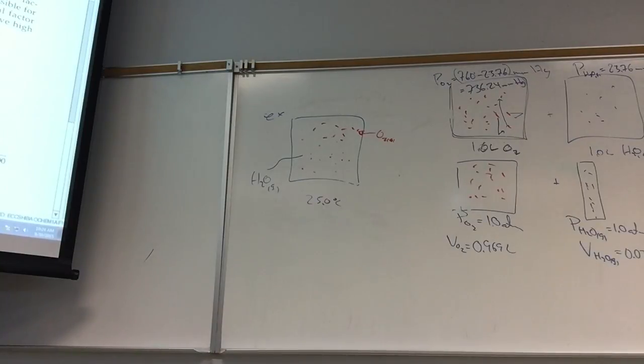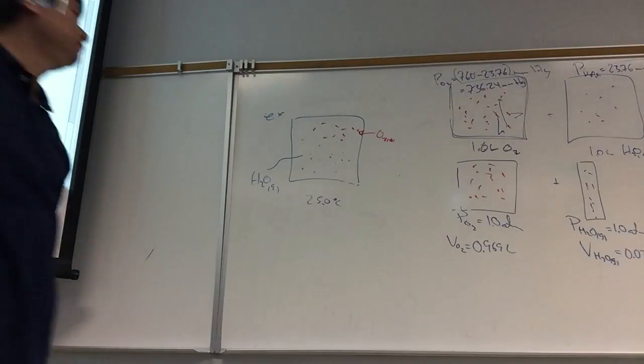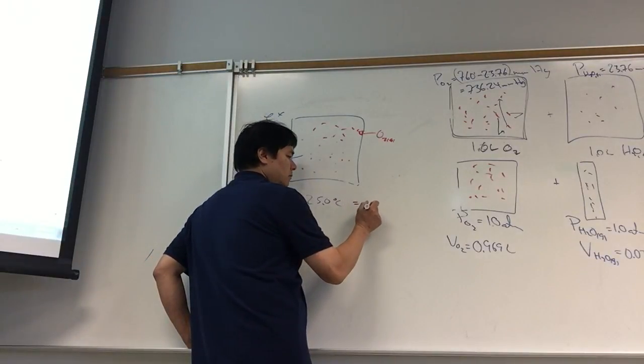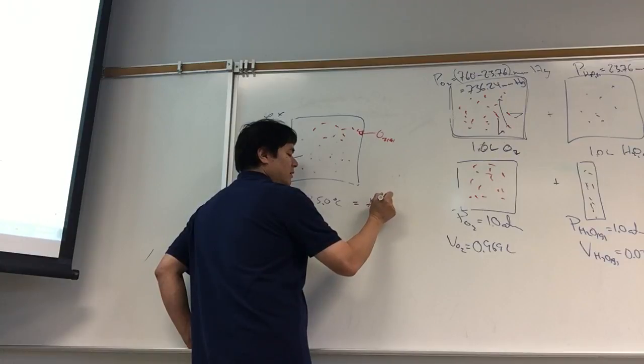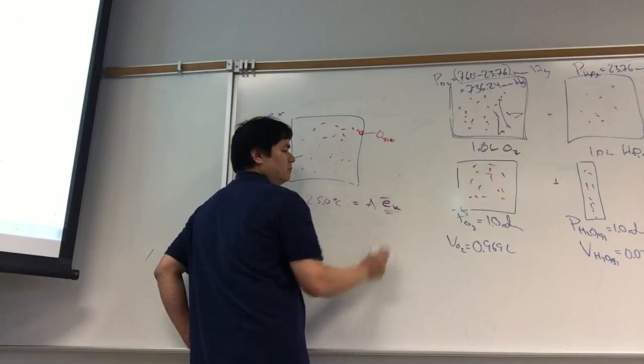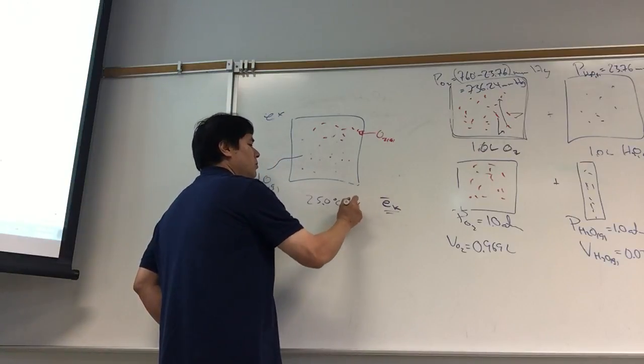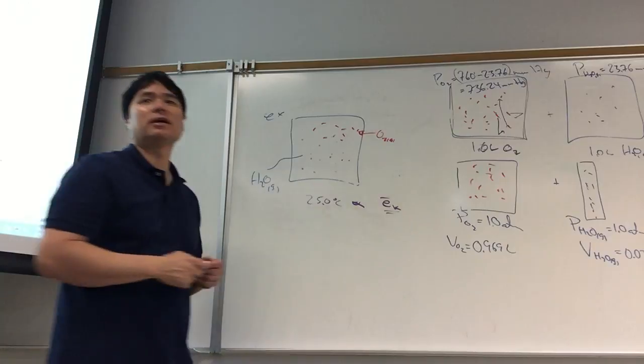It turns out at 25 degrees C, the temperature is equal to some stuff times the average kinetic energy. So I'll just say the temperature is proportional to the average kinetic energy.